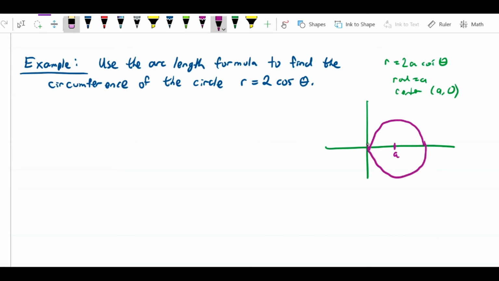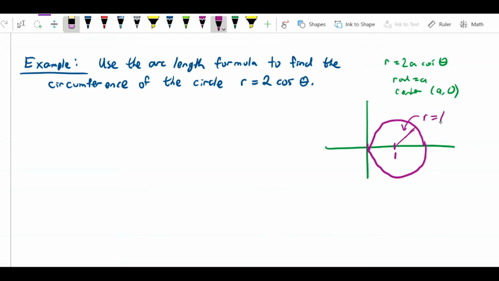So this equation defines this circle. Sorry, in this case I have 2 cosine theta, which means a is just 1, so this is a circle of radius 1. That's what I meant to say.